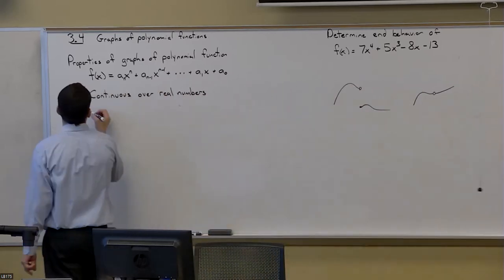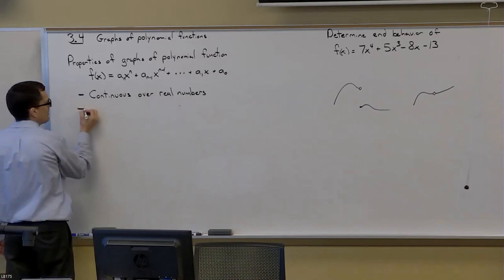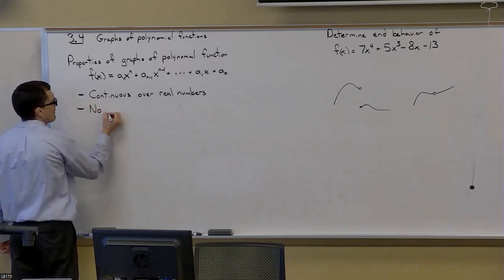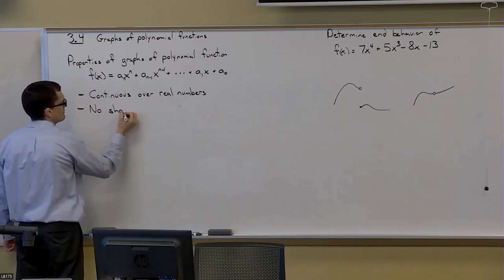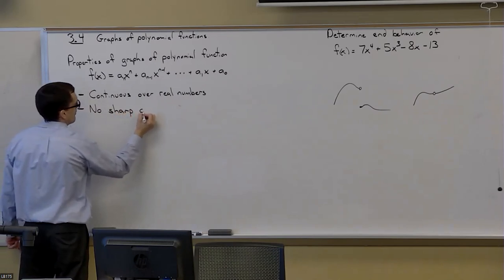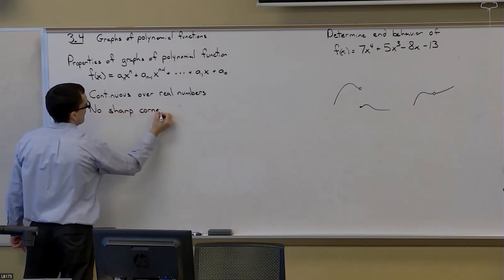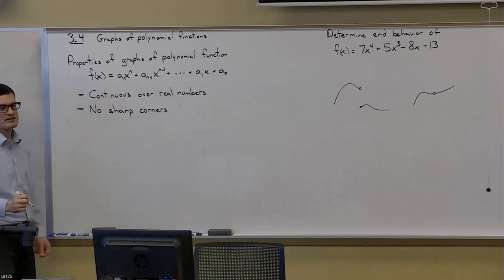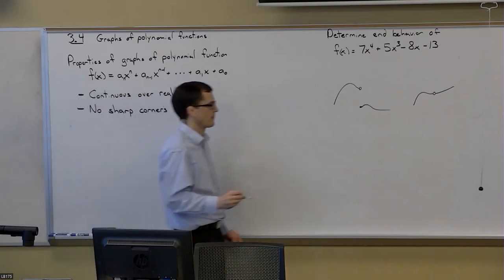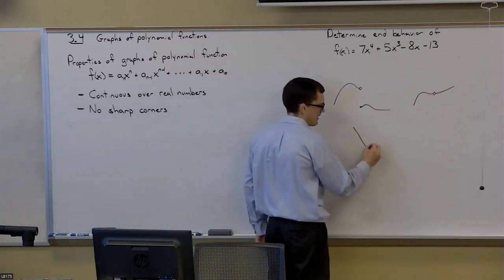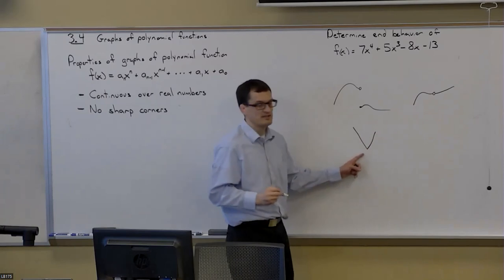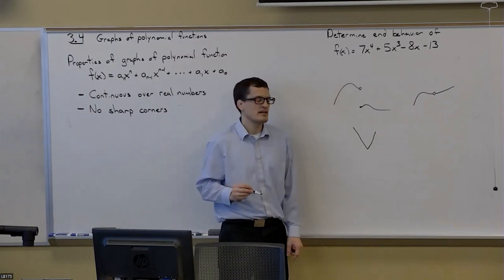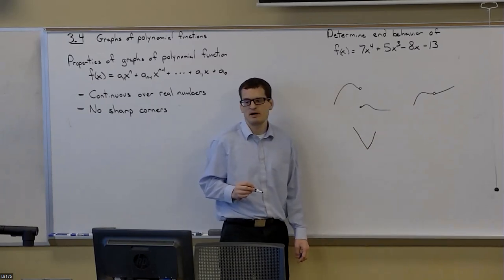Okay. Also, polynomial functions have no sharp corners. Like our absolute value function had a V. That's never going to happen in a polynomial.